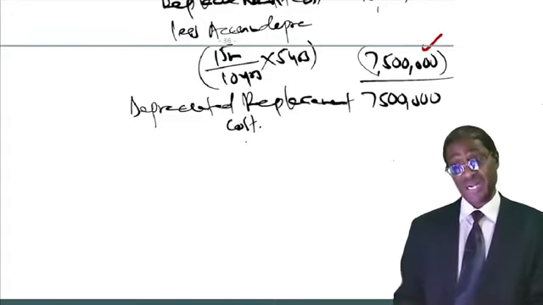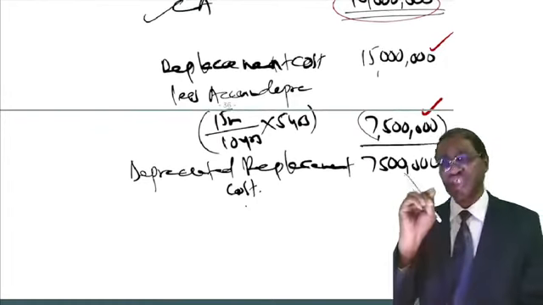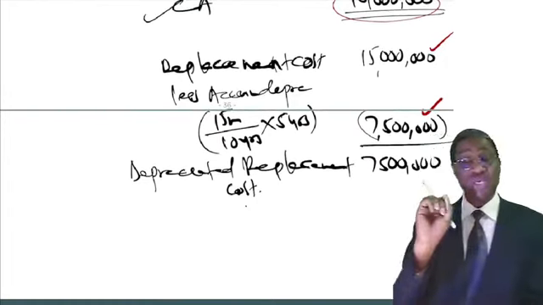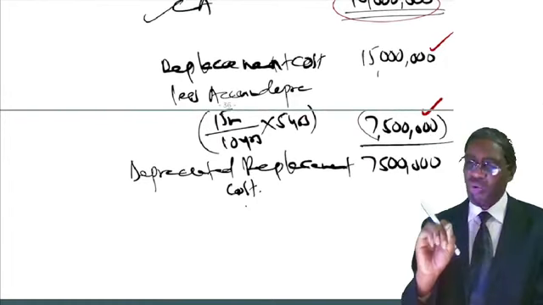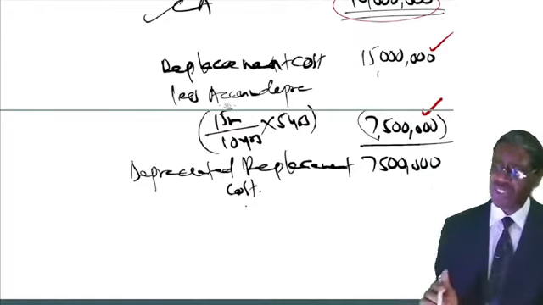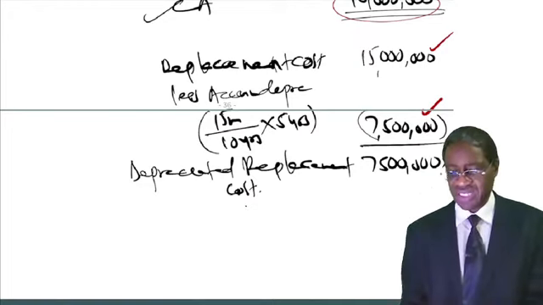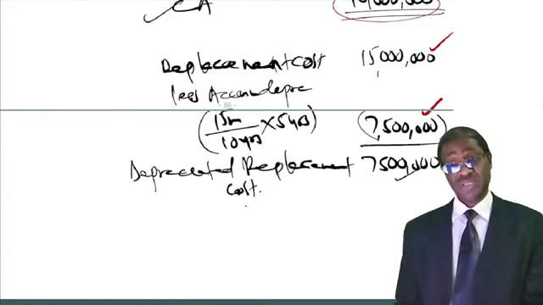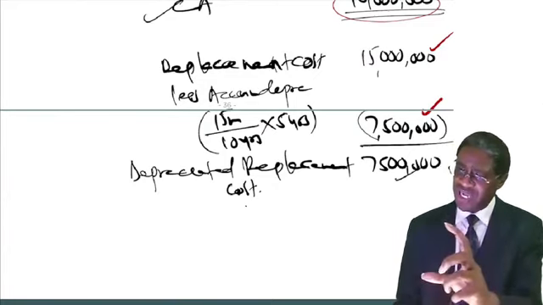Once you get it, like in this illustration, we are getting 7.5 million. Now you don't stop there again.